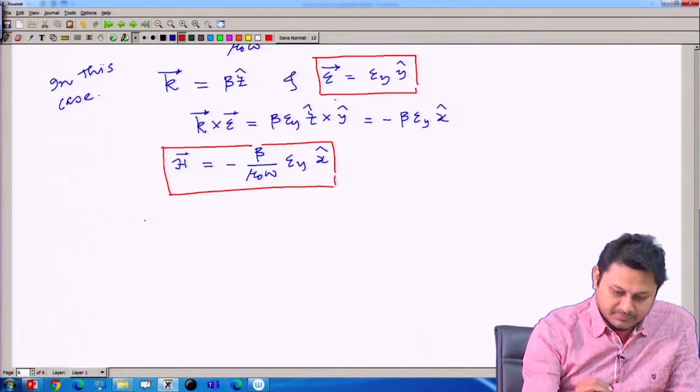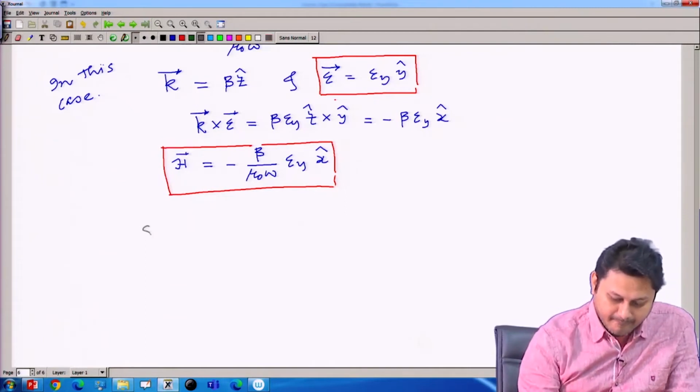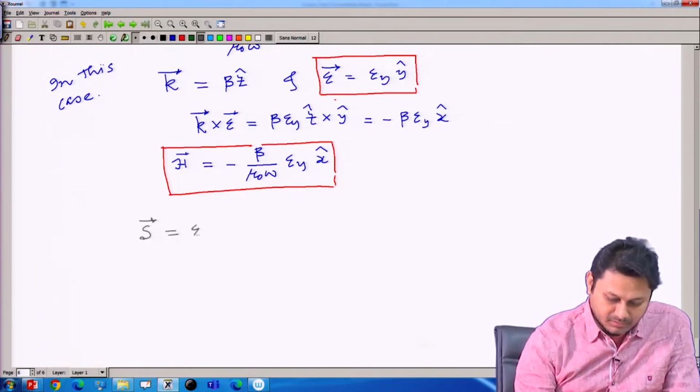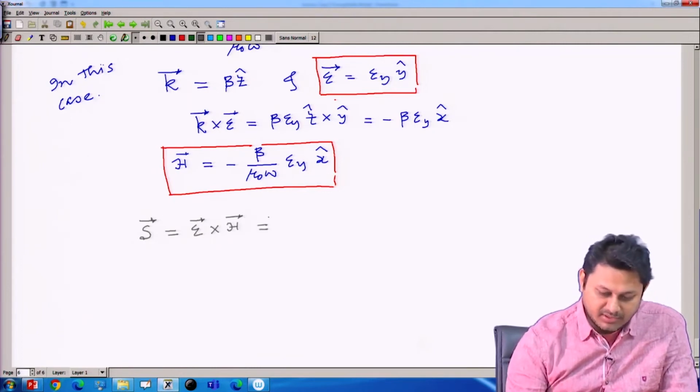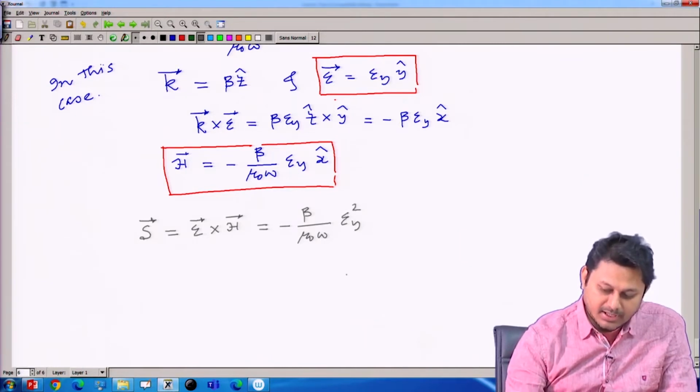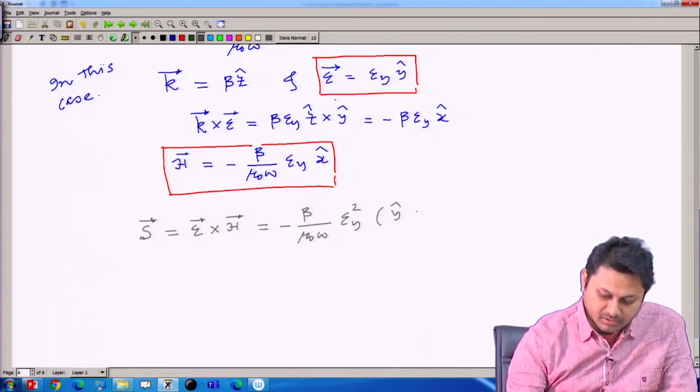So, my S is simply E cross H, is equal to E I already have and H I already have. So, it should be minus of beta divided by mu 0 omega, then E y square, and then I have y unit vector cross x unit vector.